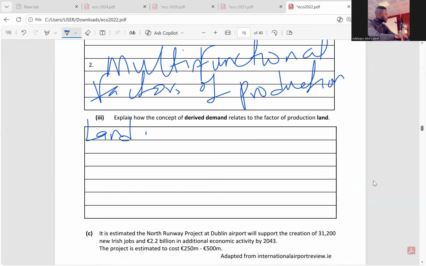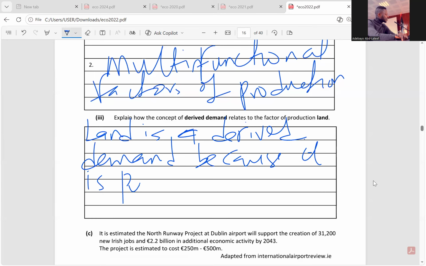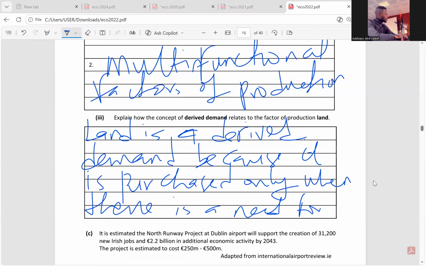Land is a derived demand because it is purchased only when there is a need for it. Do you get that? Yes. Go on.